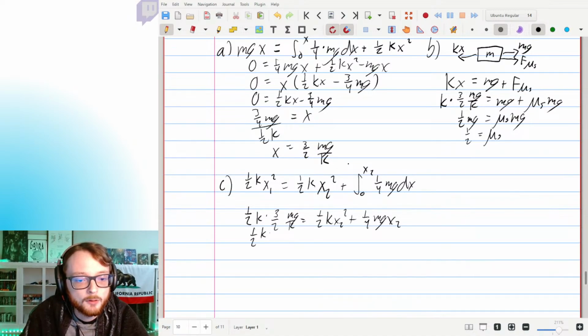Minus 3/4 mg equals 0. Is that what we're doing? Yeah. And does this factor? No, there's no way this factors cleanly. I think we got a quadratic formula of this.